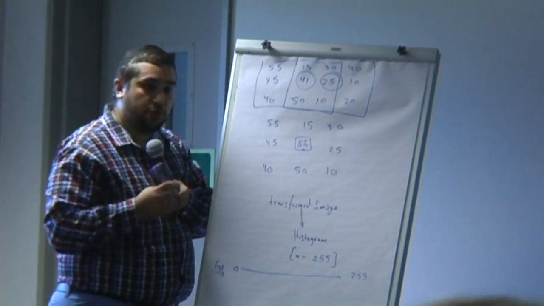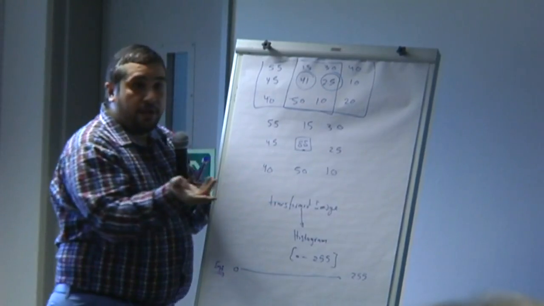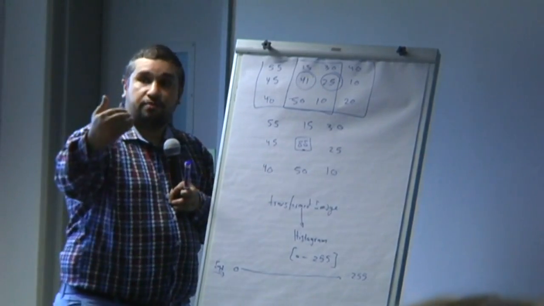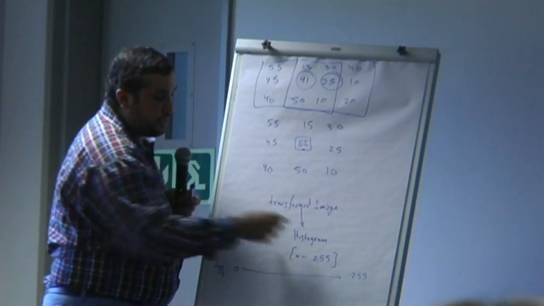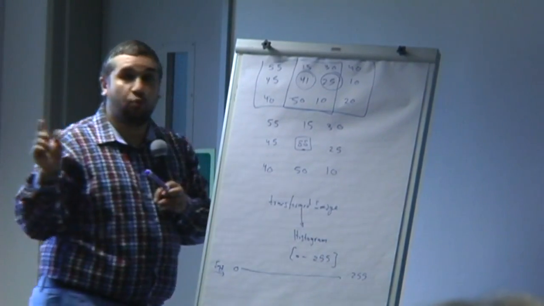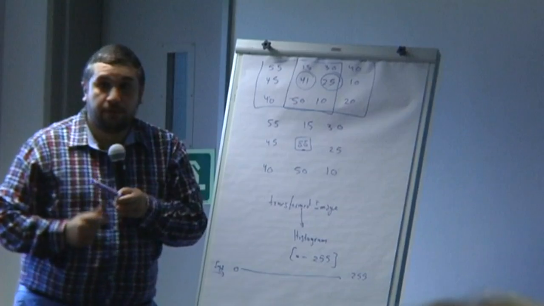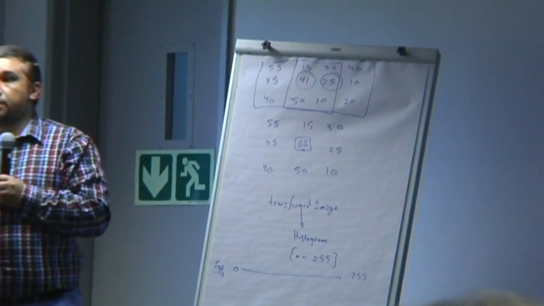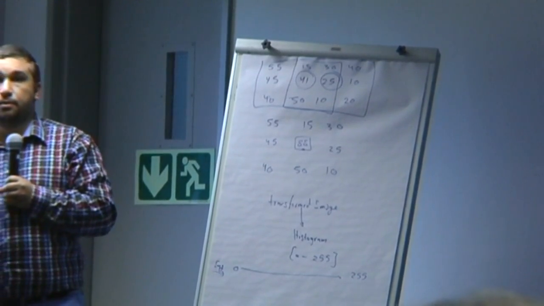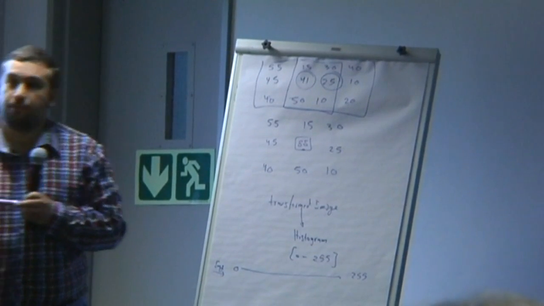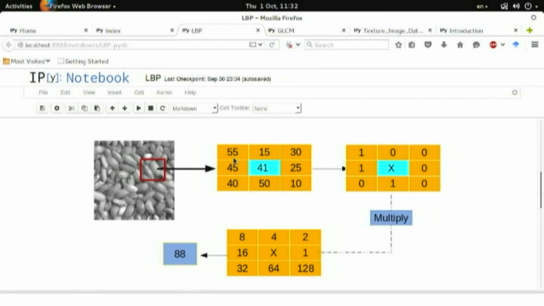The histogram, since our image ranges from 0 to 255, should give me just one vector, which starts from 0 to 255. Anyone has a question? Okay, we go next. Yeah.